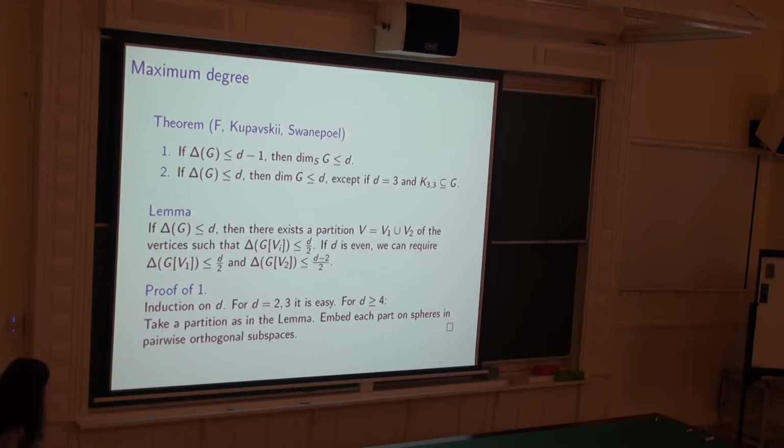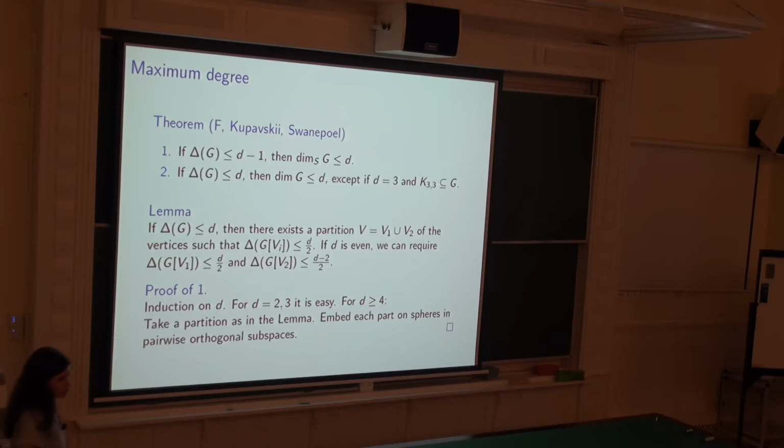First, we take a partition like this lemma, and we choose a subspace of dimension d half for this first part. We take a sphere in it, centered at the origin, and we embed the graph induced by the first part on this sphere.